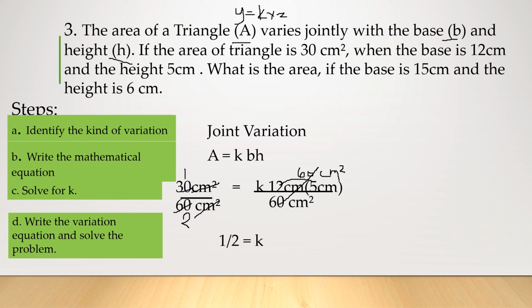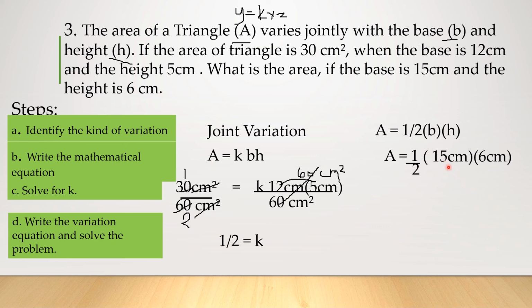Now, in the formula here, we can replace K with 1/2, and then we can solve the problem. So A is equal to 1/2 times base times height. And the second set of values now, B is 15 centimeters and the height is 6 centimeters, which means A is equal to 1/2 times 15 centimeters times 6 centimeters.